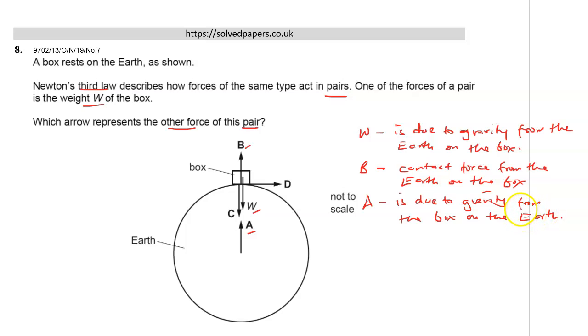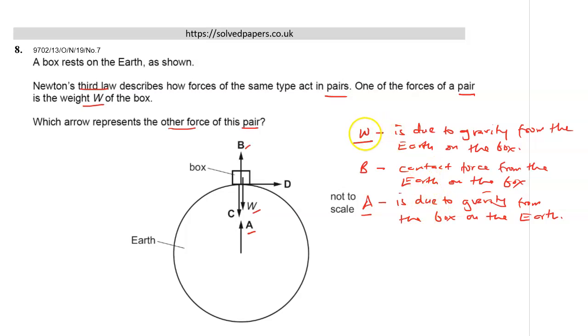All right, and W and air happen to be the same type of force. W acts on the man, and air acts on the earth, so they are on different objects, right? And according to Newton's third law, this pair of forces act on different objects.